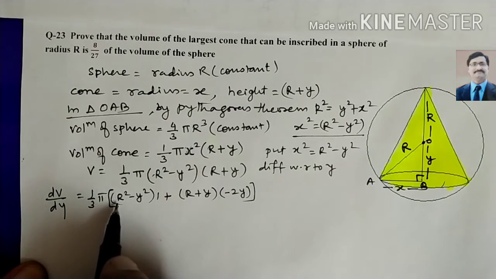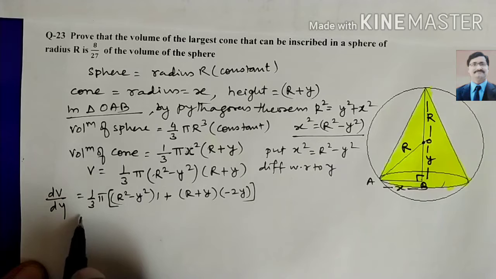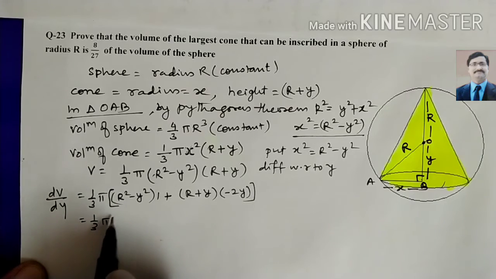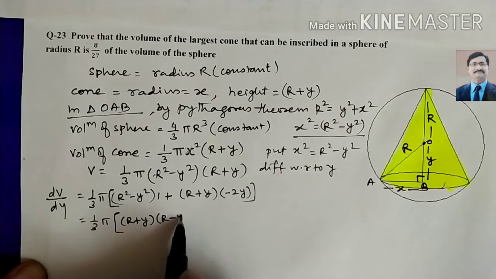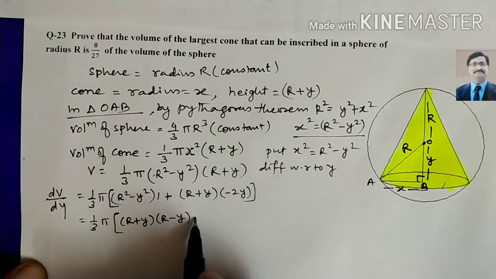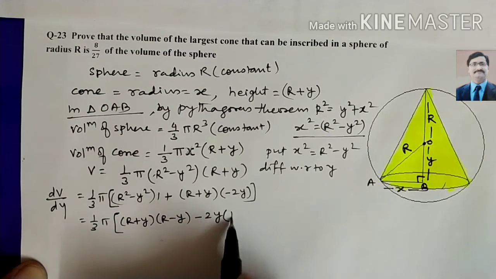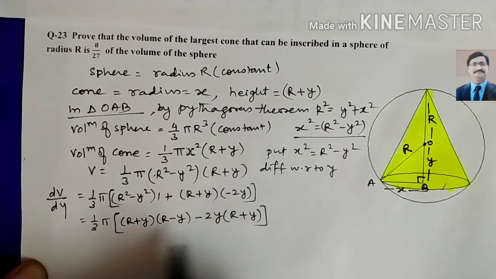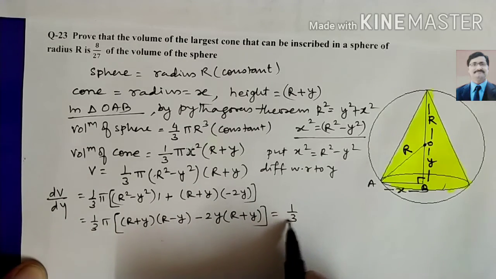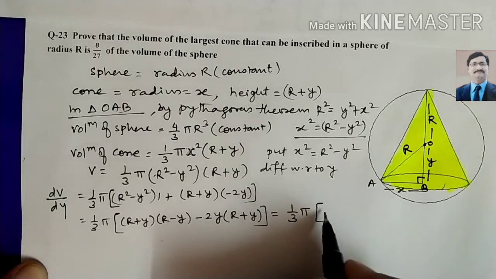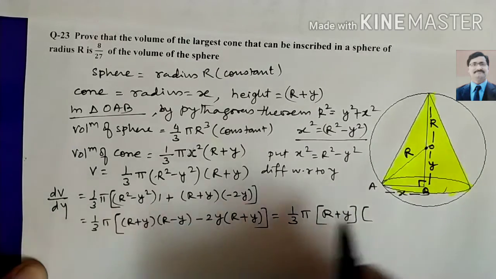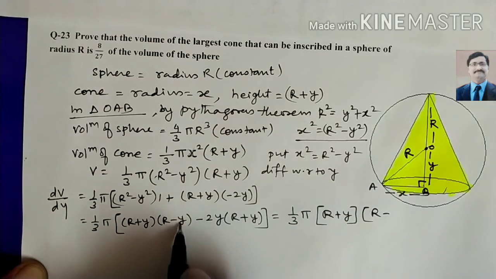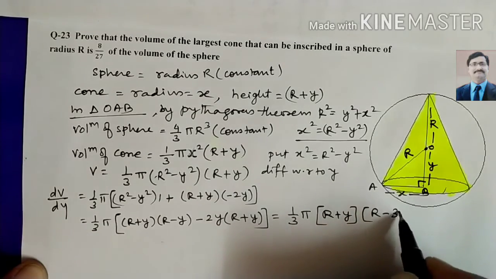This R² minus y² we can write as R minus y times R plus y, and here we write minus 2y times R plus y. We take R plus y common, so we get 1/3, R plus y common, and the remaining is R minus y minus 2y, which is R minus 3y.